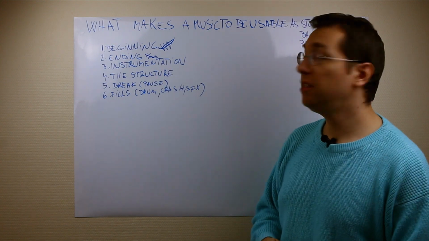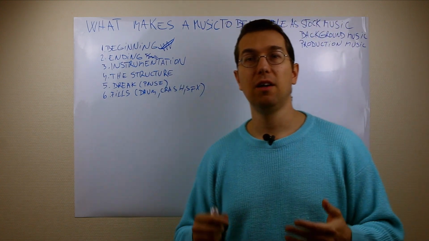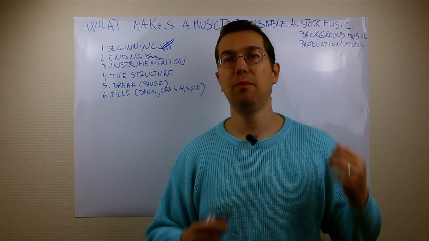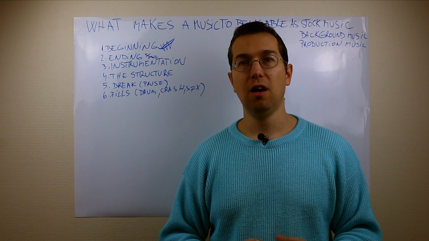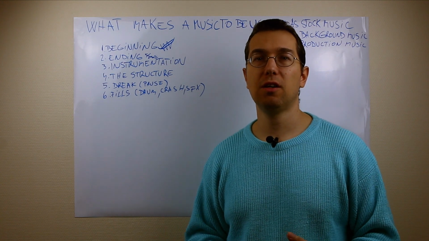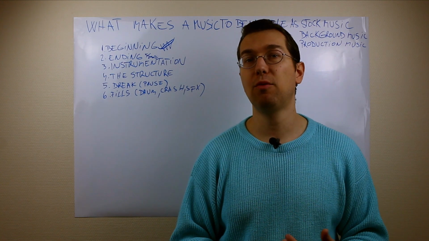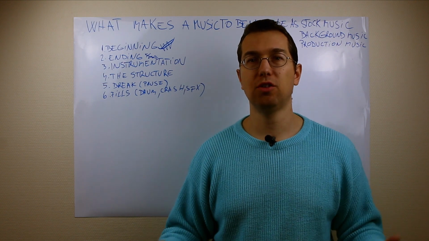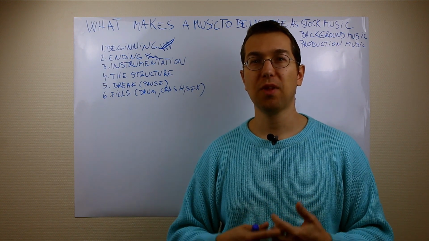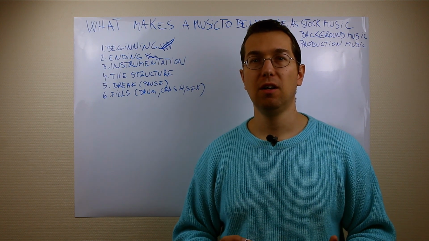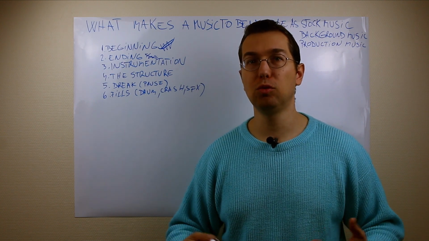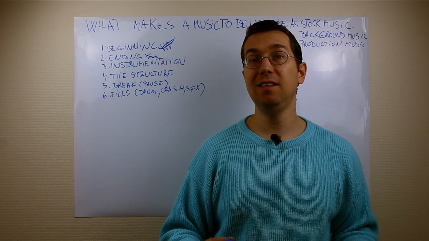Then third, instrumentation. We are saying background music because generally your music sits in the background. It's helping the production, the visual, to have soul, but it's in the background.